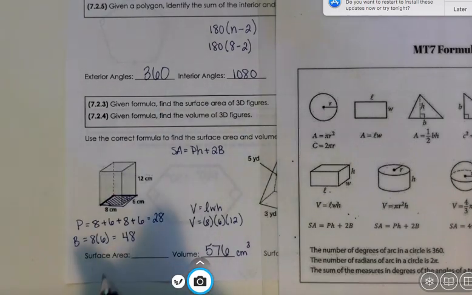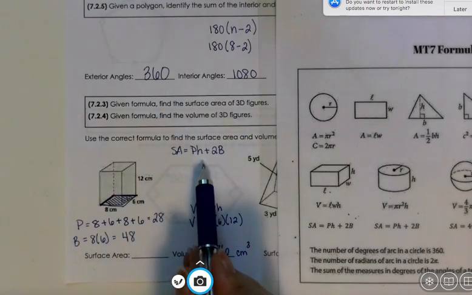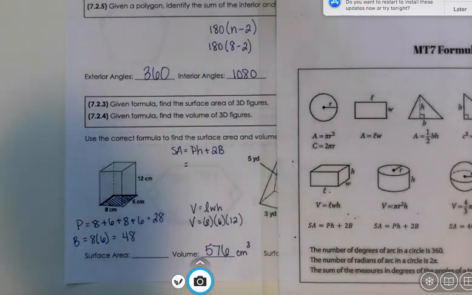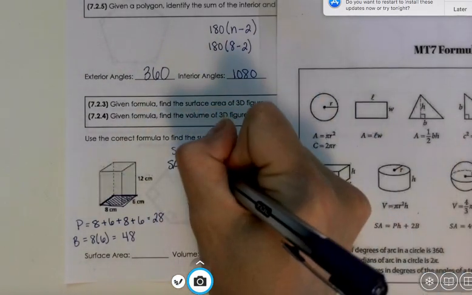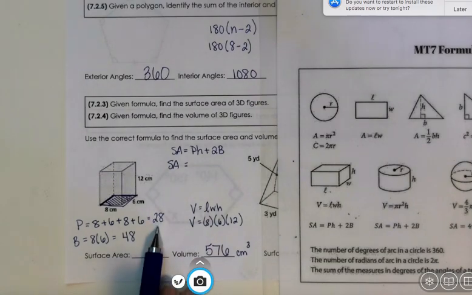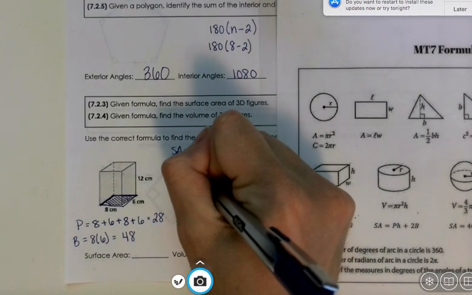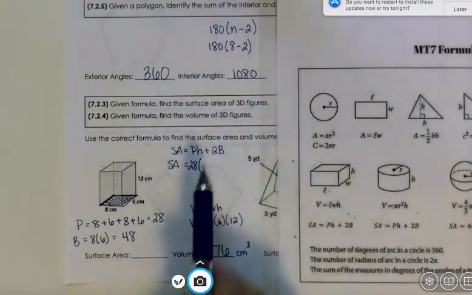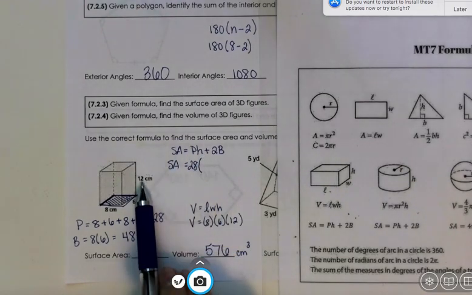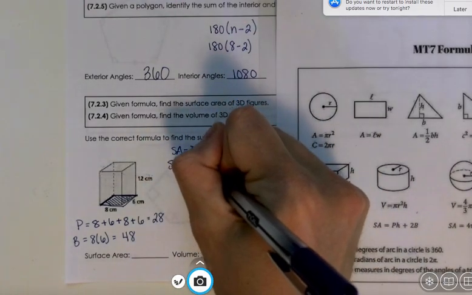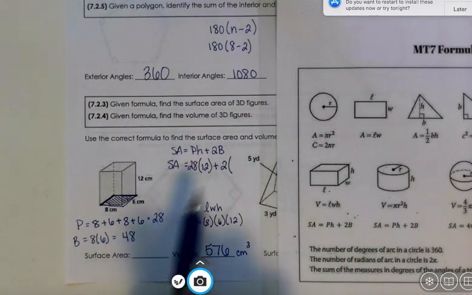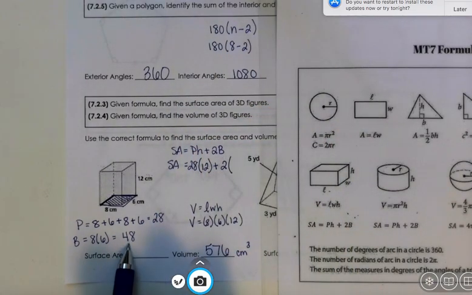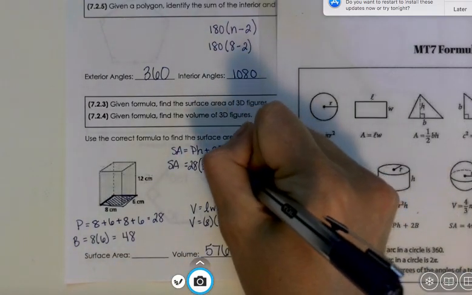So now I can go back to my formula for surface area and plug in all the values that I know. So my surface area is equal to my perimeter, which was 28, so I'm going to put that here, times my height, and my height is 12. Then I have plus 2 times the area of my base, which we found was 48.